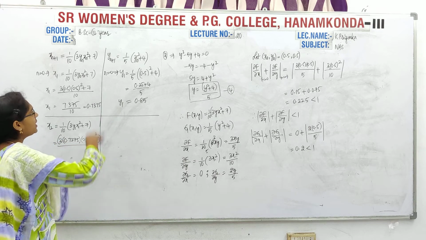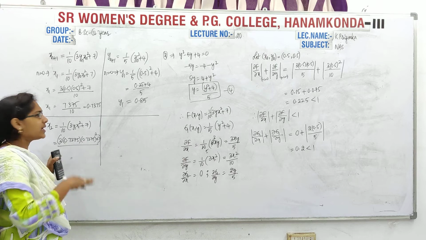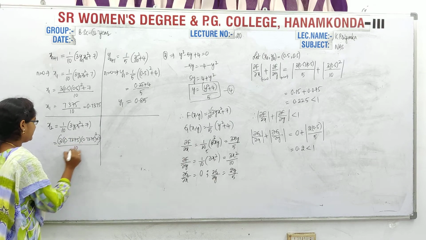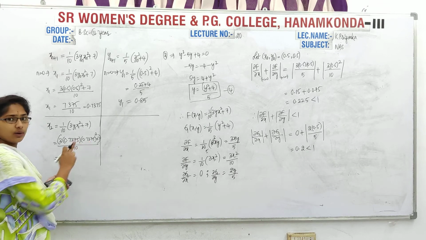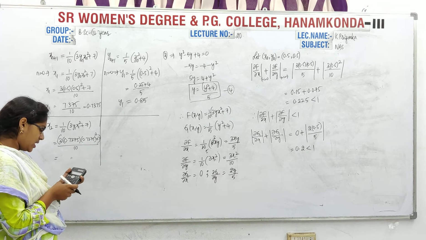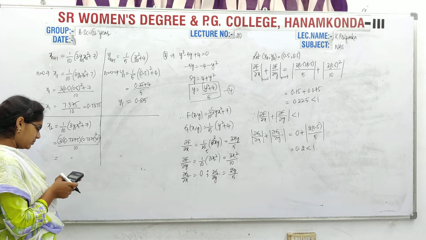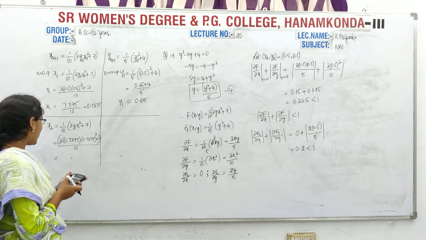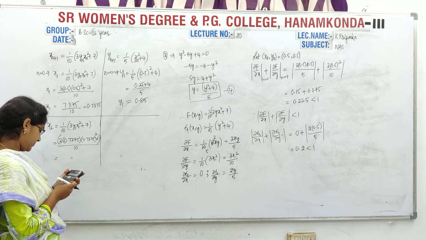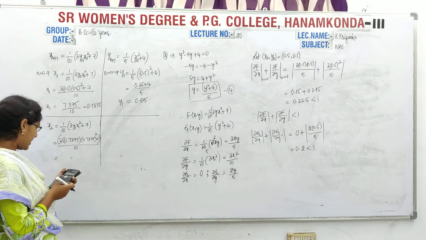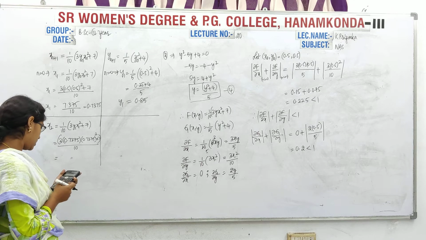There is no problem, but while you are taking like this, we can compare easily. Now calculate 0.7375 and here whole square, that means 0.7375 whole cube, into 3 plus 7, divided by 10.